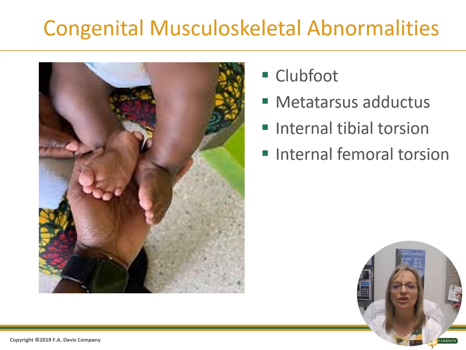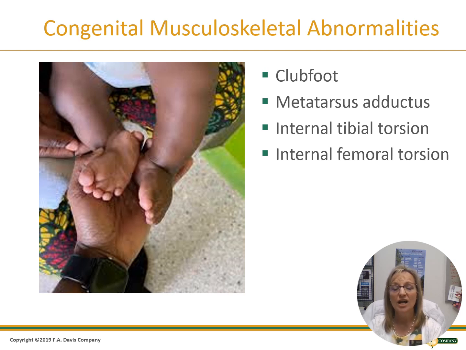Clubfoot is a congenital abnormality. It can be neurologic or idiopathic. Syndromes develop that include deformity along with physical or developmental defects. Lots of different things here.